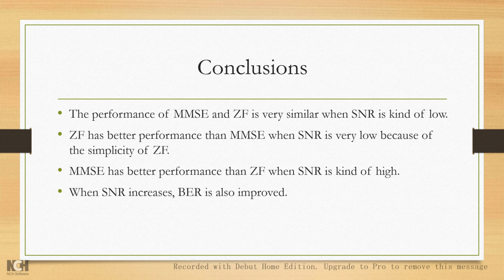And the third, the minimum mean square error estimator has better performance than the zero forcing estimator when the noise is high, and when noise is increased, BER is also increased.